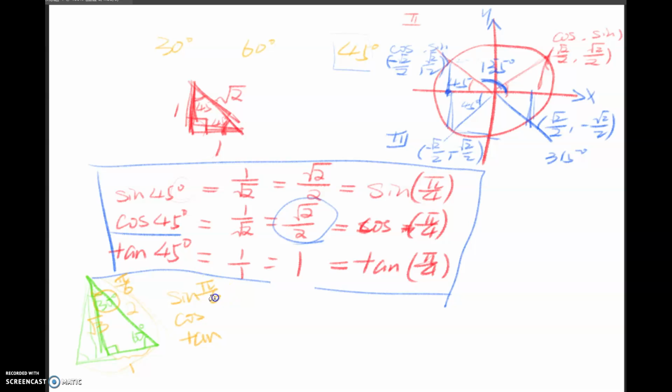So sine of pi over 6, cosine of pi over 6, tangent of pi over 6. And 60 degrees is pi over 3. So memorize sine of pi over 3, cosine of pi over 3, tangent of pi over 3.